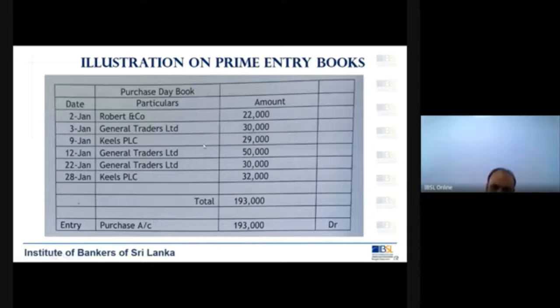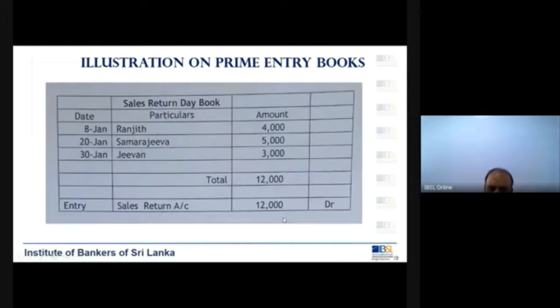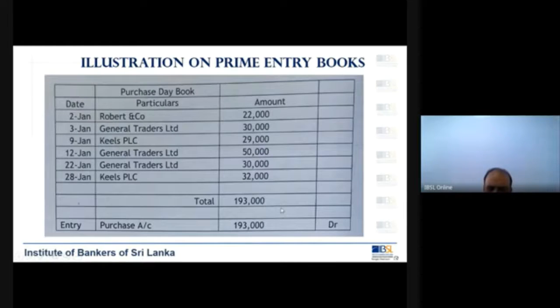So originally when you purchased on credit terms, you had to pay 193,000. When I say you, it means the business of Joe Pereira. So the business of Joe Pereira has to pay 193,000 for the purchases done. But out of which now he is returning 20,000. So effectively, he has to record this 20,000 in his creditors account, because all these people are creditors of Joe Pereira's business.